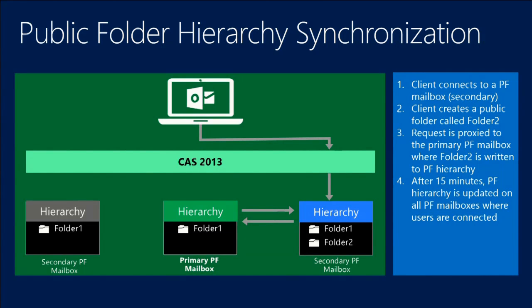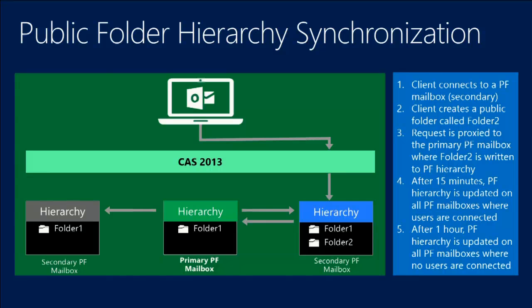On those public folder mailboxes that no users are connected to, the update doesn't need to take place that fast. So basically, that happens every hour. And as I said, this can be changed in the registry on the mailbox servers.